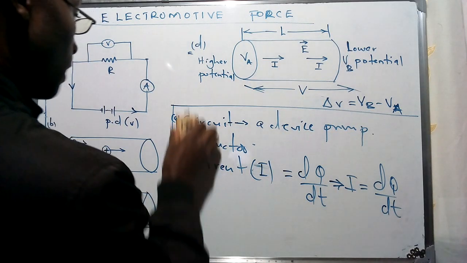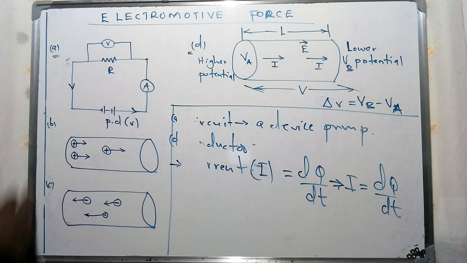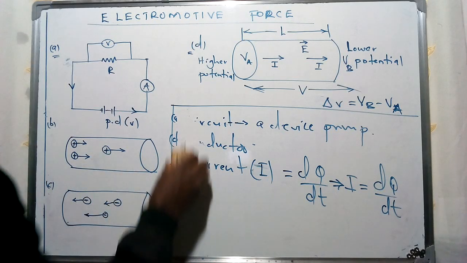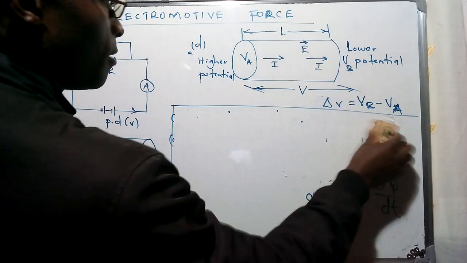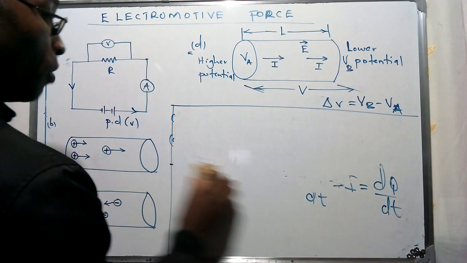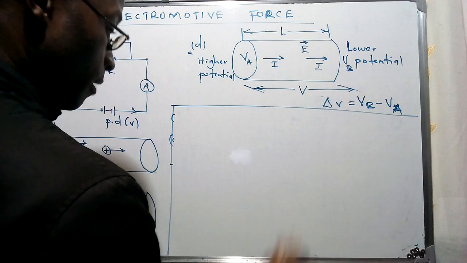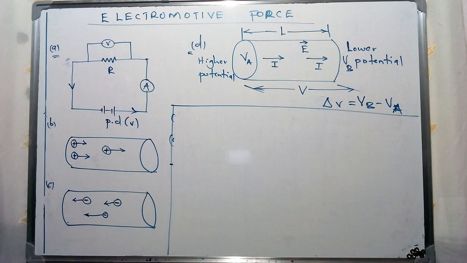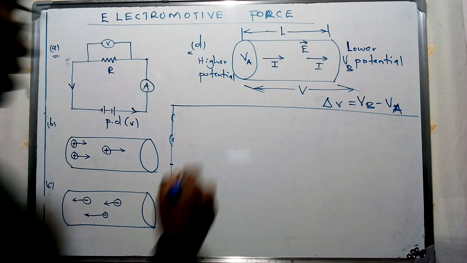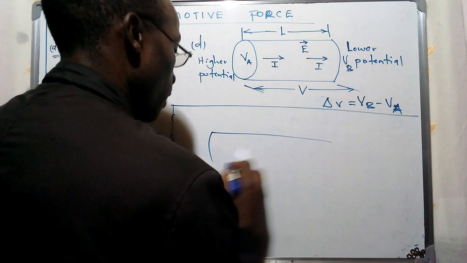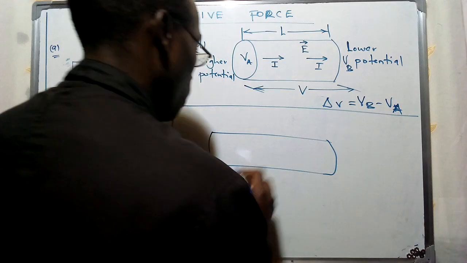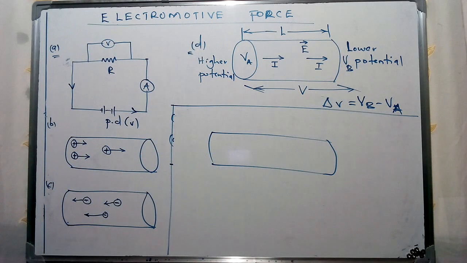I'm going to consider the illustrations for B and C, which will help us identify the conventional way of identifying the flow of current. From illustration B, perhaps I may give a recap: we have this specific conductor. We have talked about the concept of electric field and of course what we refer to as electrons.